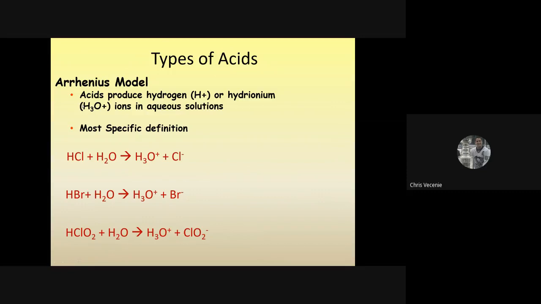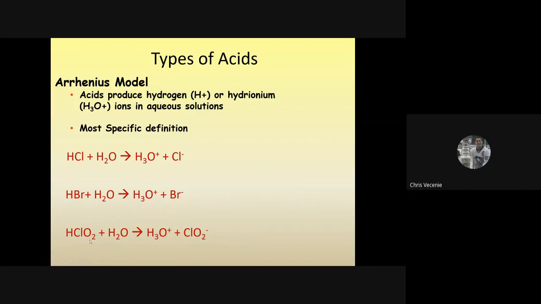It says that acids are any substances that produce H+ or H3O+ when they're put with water. So if we put the hydrogen chloride with water, the H moves over to here, and we get H3O+ and Cl-. We get HBr reacting with water to get H3O+ and Br-.